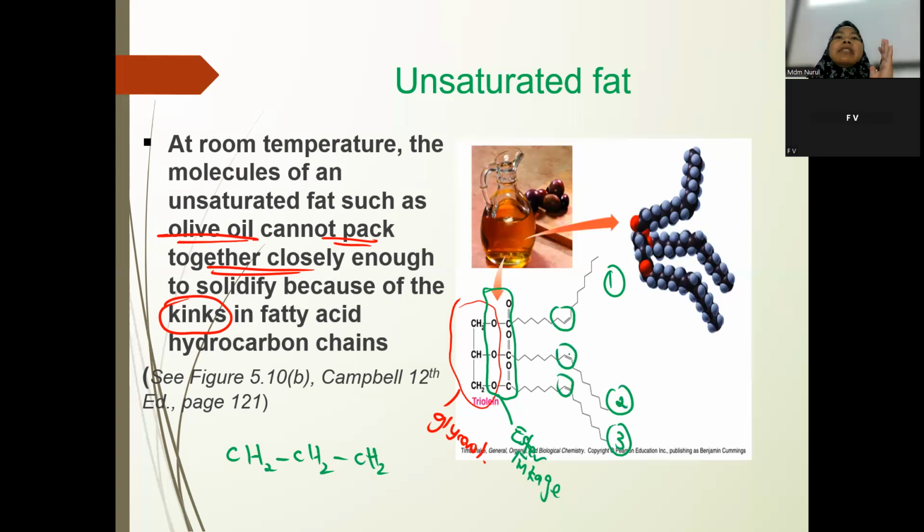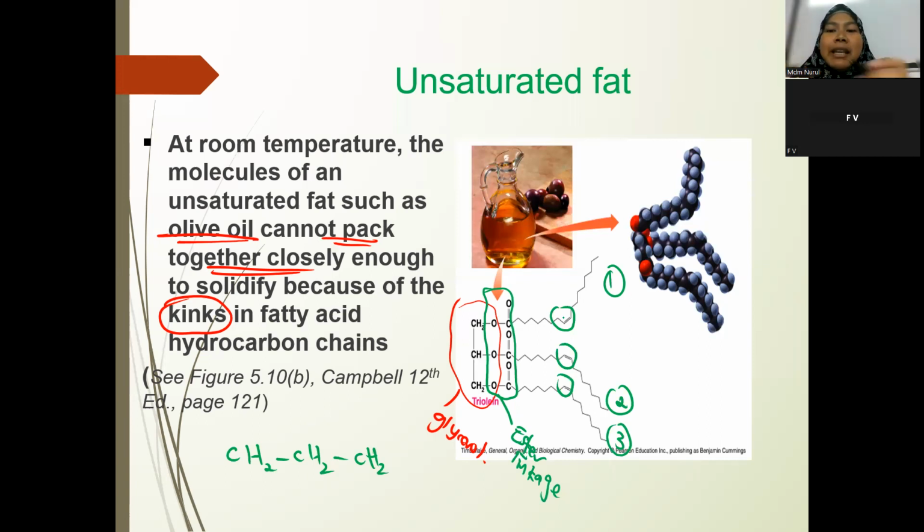So the presence of double bond make the structure form kink. Nampak tak? Bila start ada double bond dia akan struktur daripada straight dia akan jadi bengkok, membengkok. Straight dia bengkok. So kesimpulan dia apa? Whenever you see kink, meaning there is double bond. Carbon to carbon double bond.